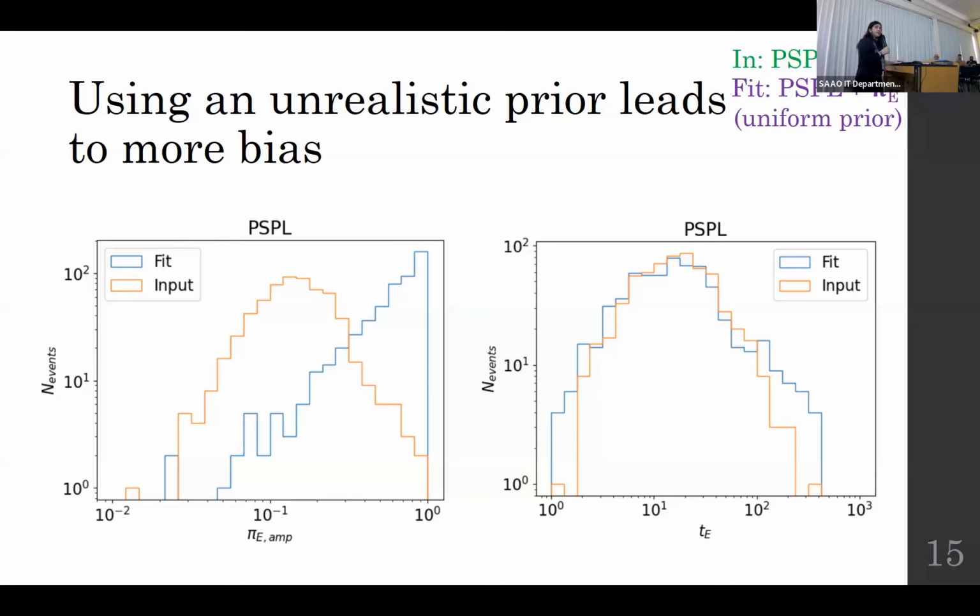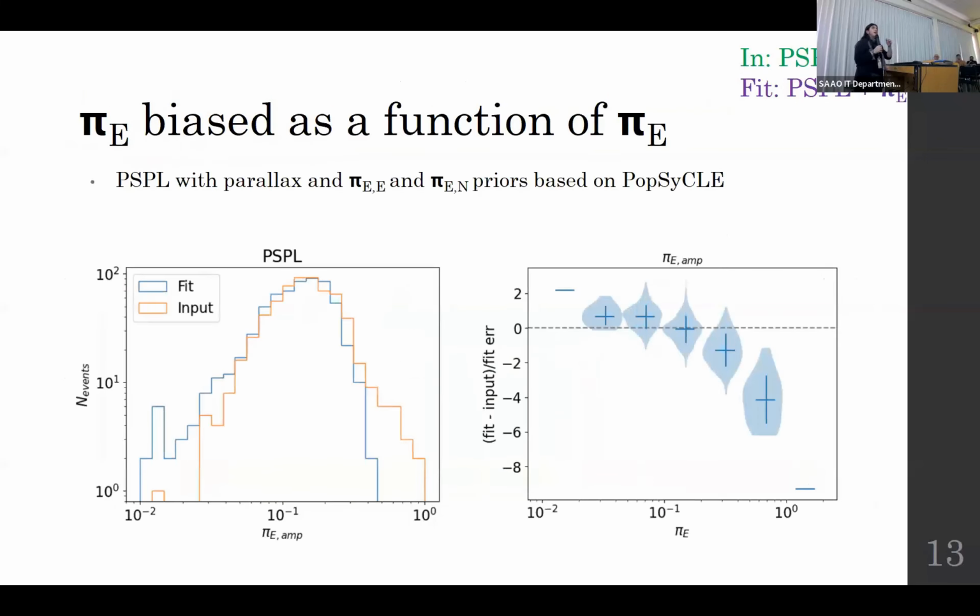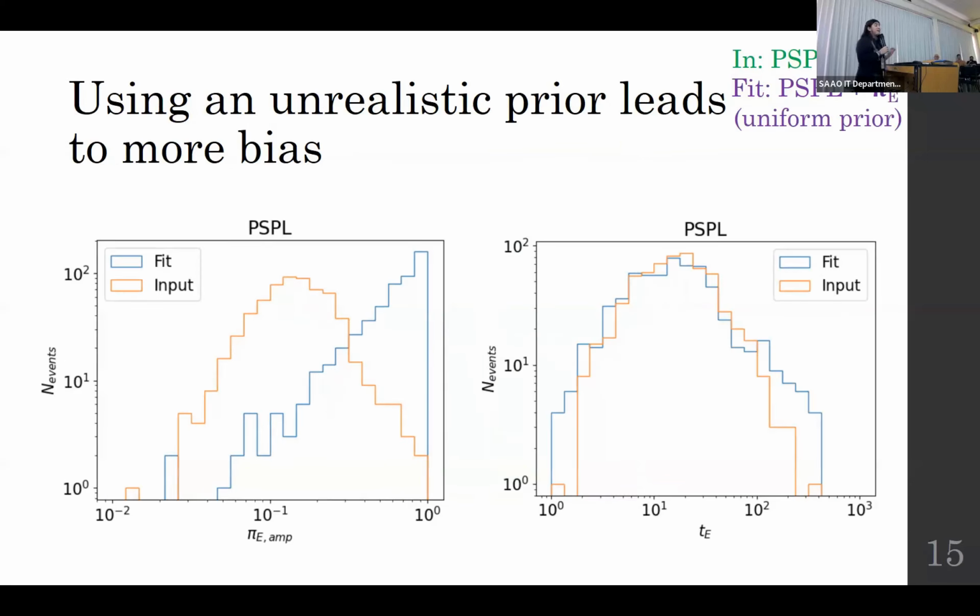Yeah, that could definitely have an effect, but if that were the case, then the input distribution should be the fit distribution, and that's not what we're recovering. So there's definitely more exploration to be done.